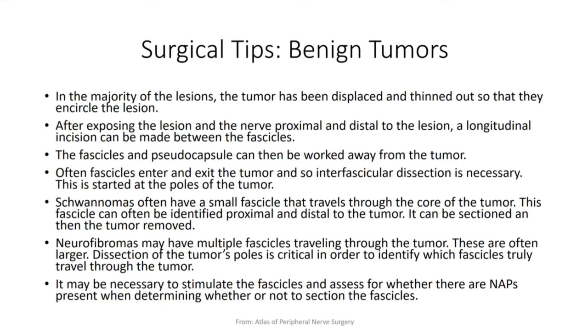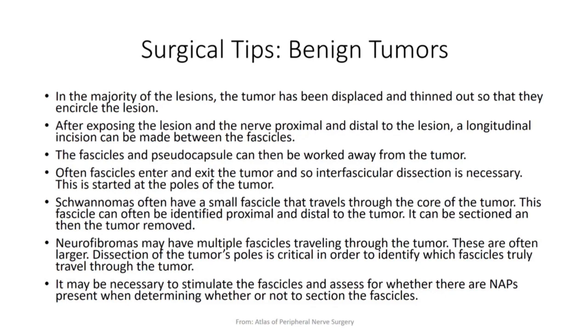Now, with benign tumors, when we talk about surgical resection, as I was mentioning before, there is a portion of the nerve that's going to be involved. With schwannomas, usually that's a very small fascicle or nerve fiber that can be resected without a deficit. In neurofibromas, there are more that are involved. However, the fascicles that are traveling around this can be saved.